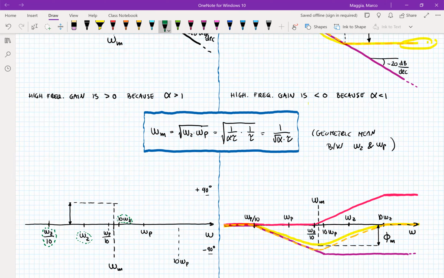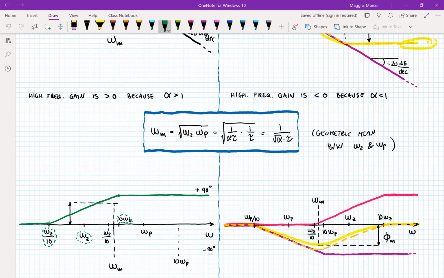Now the phase is 0 up to 1 decade before, and then we increase and we get to 90 1 decade after the cutoff frequency. It should be here. Okay, and then we stay at 90 for all frequencies that are above 1 decade after the cutoff frequency omega z.